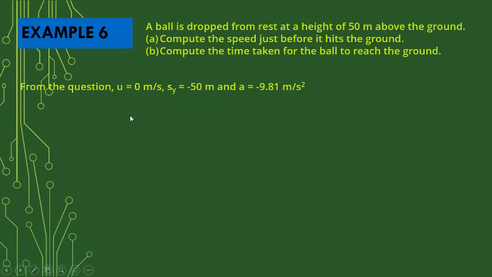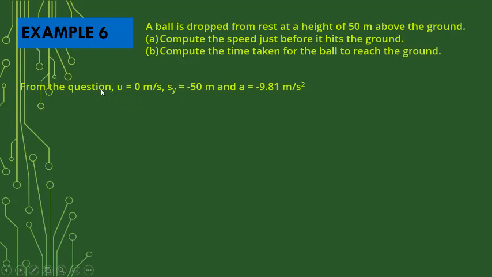Now let us look at several examples. Example 6. A ball is dropped from rest at a height of 50 meters above the ground. A. Compute the speed just before it hits the ground. B. Compute the time taken for the ball to reach the ground.